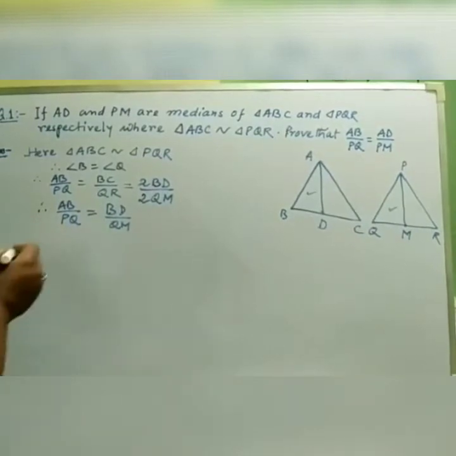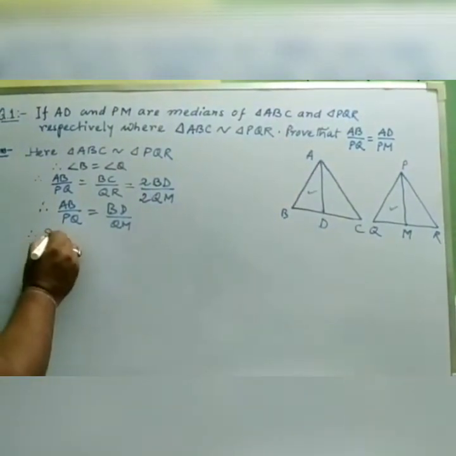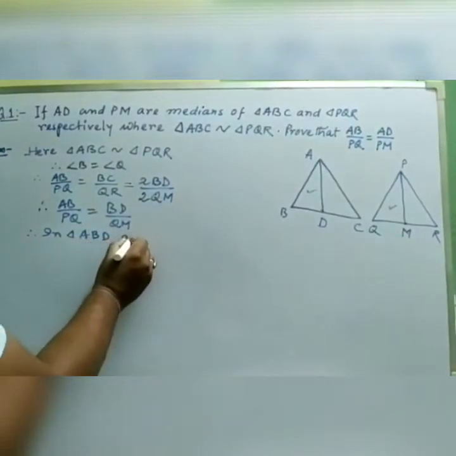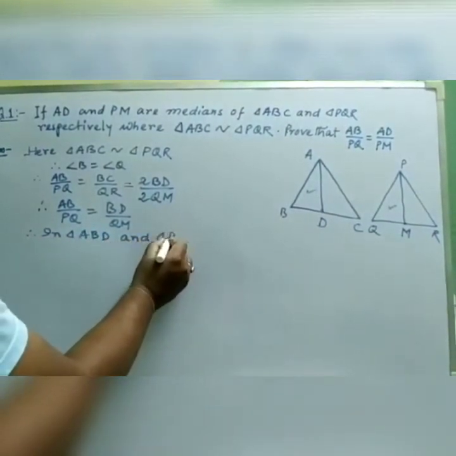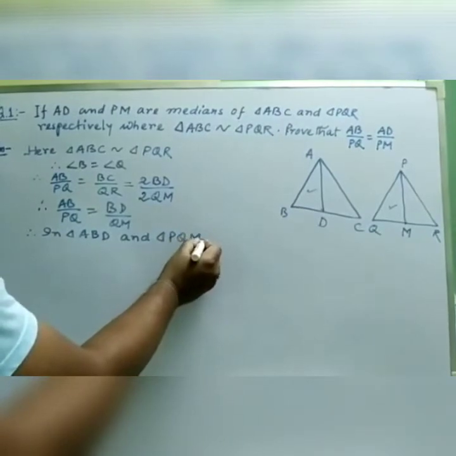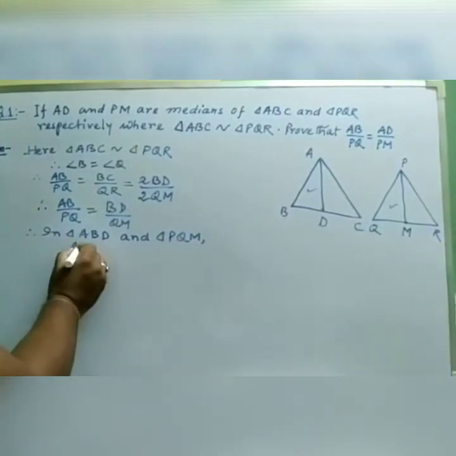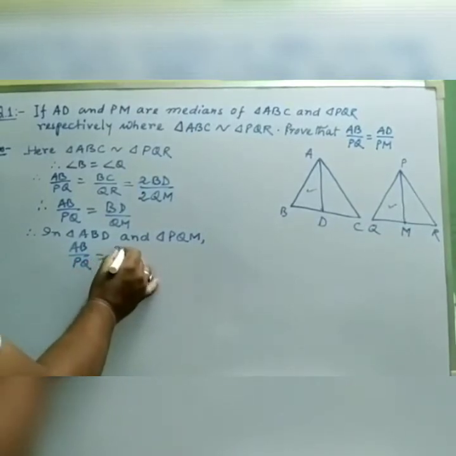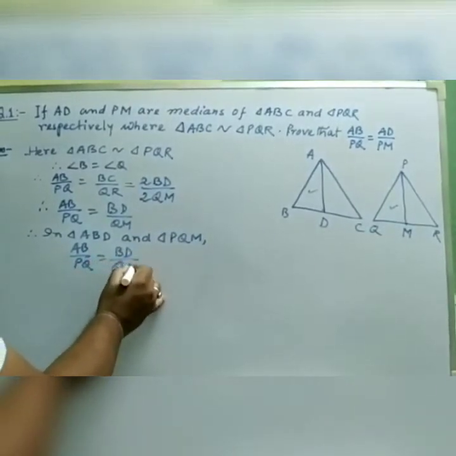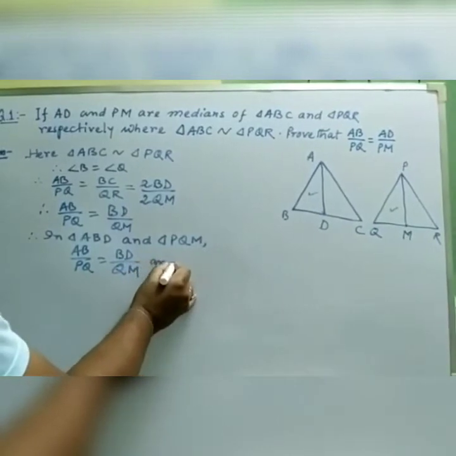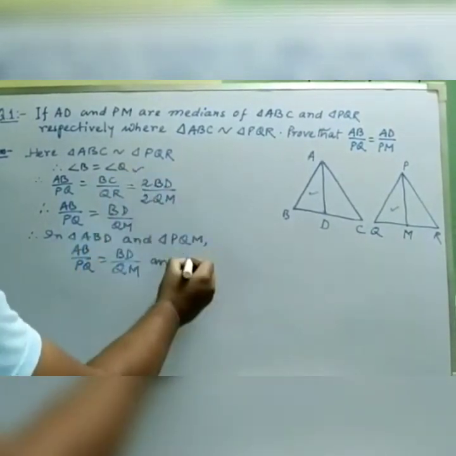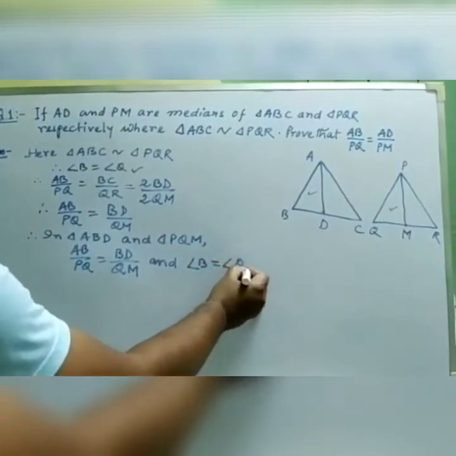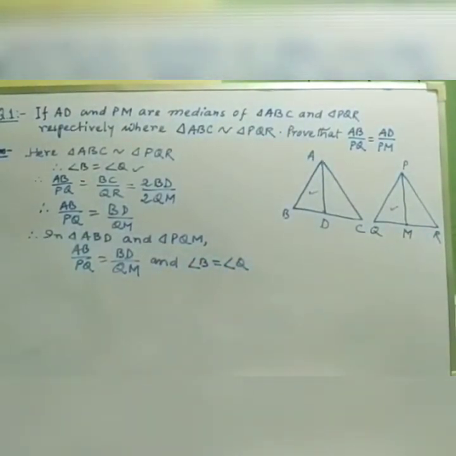Therefore, in triangle ABD and triangle PQM, we have AB by PQ equals BD by QM, and we have angle B equals angle Q, which was proved earlier.